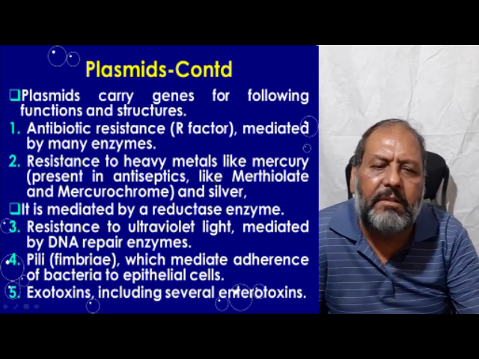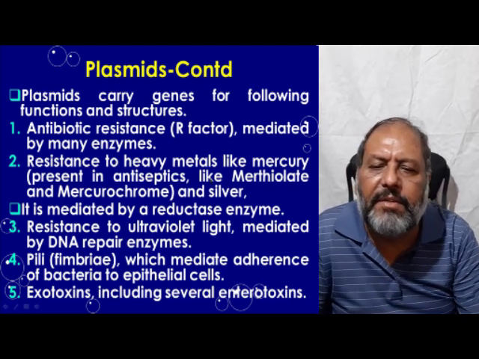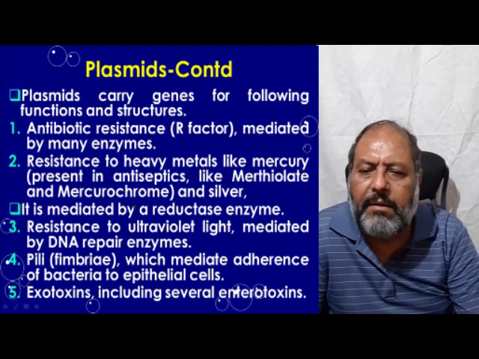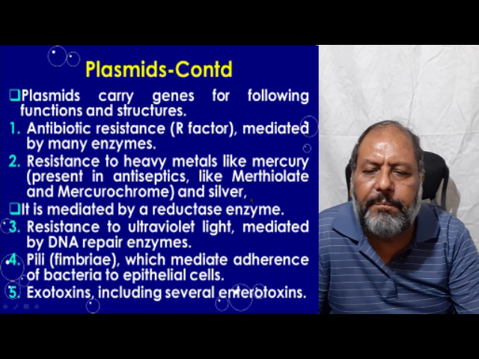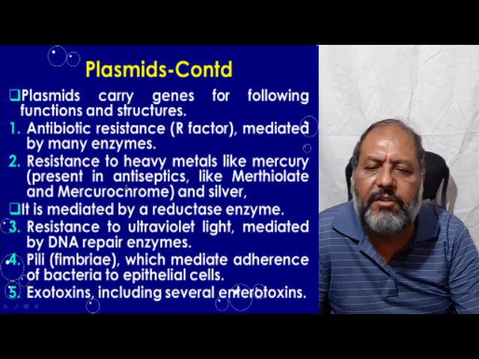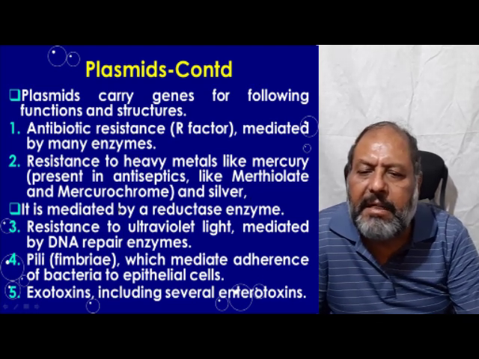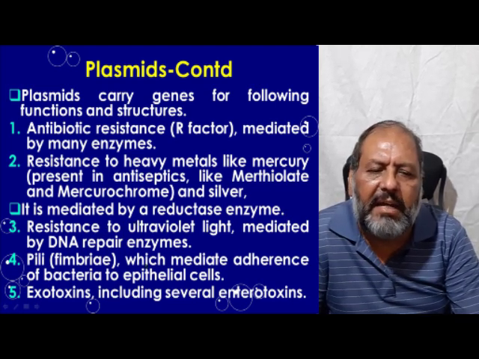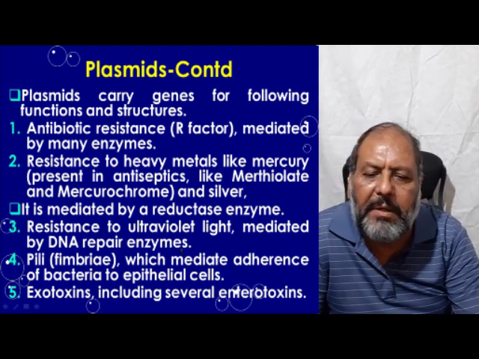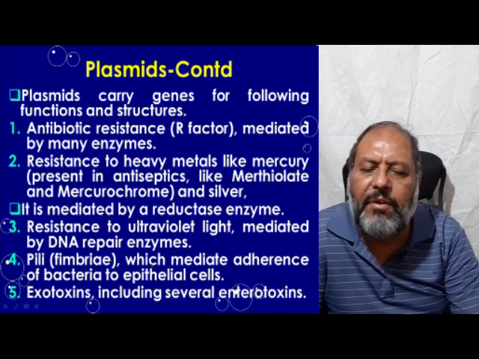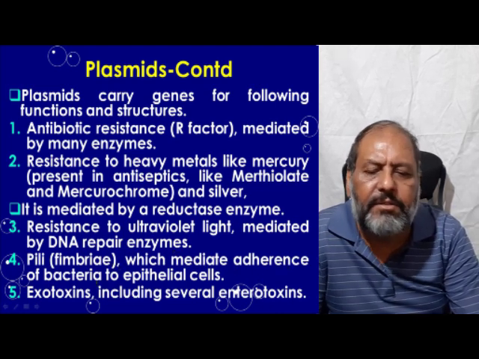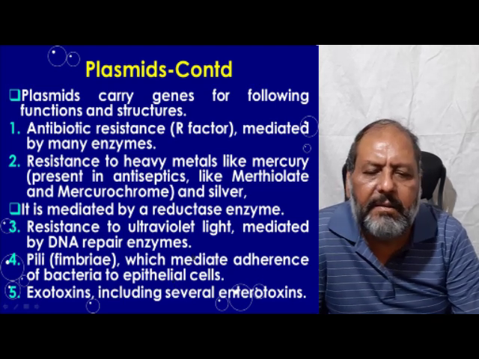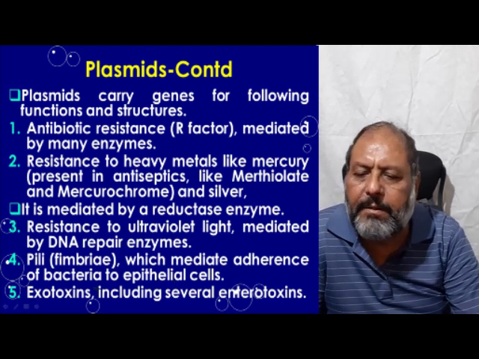Resistance to heavy metals like mercury, present in antiseptics like merthiolate and mercurochrome, and silver, is also transferred through the plasmid. It is mediated by a reductase enzyme. Resistance to ultraviolet light is mediated by DNA repair enzymes, and the pili and fimbriae which mediate adherence of the bacteria to the epithelial cells or the host cell are also through the plasmid.